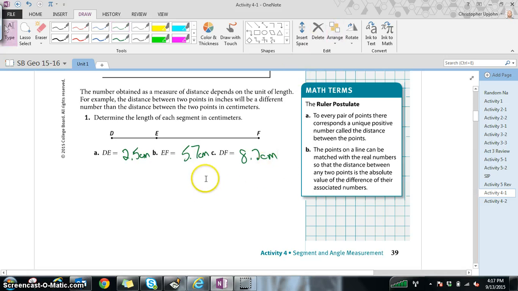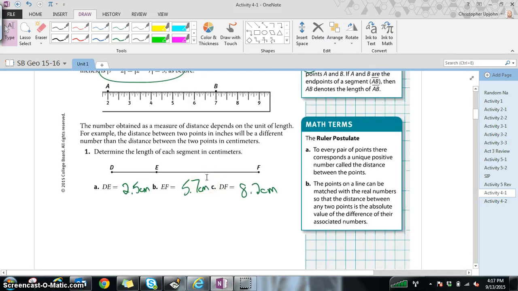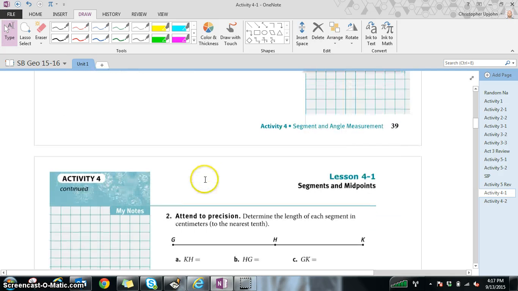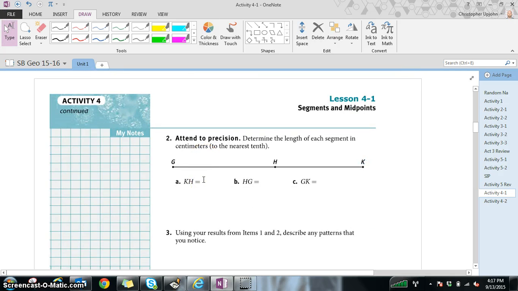Just measuring, nothing too crazy. We're going to do that again for number 2 here. So KH is 4.9 centimeters, still says centimeters, and I still want units. 5.7 centimeters is HG, and GK is 10.6 centimeters.